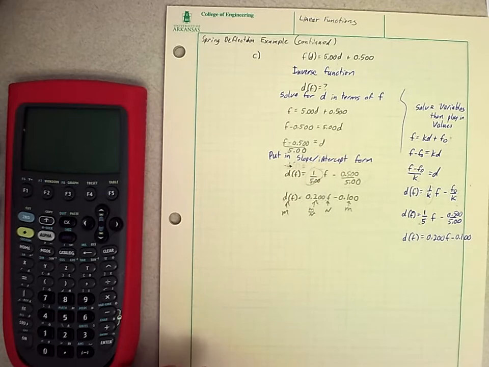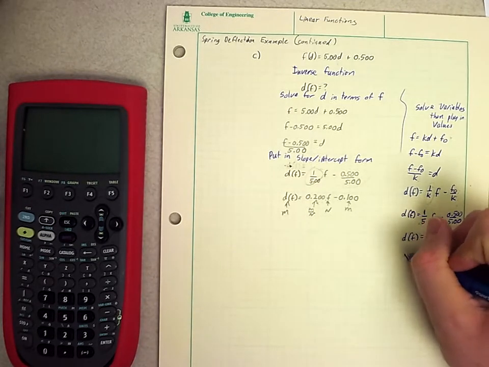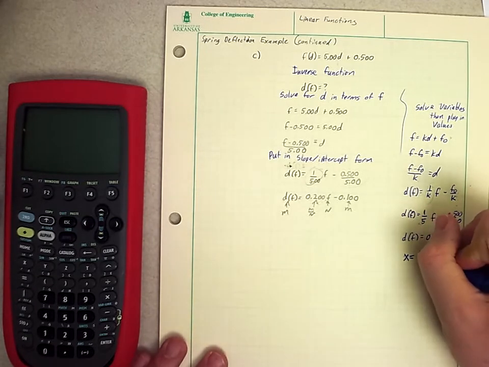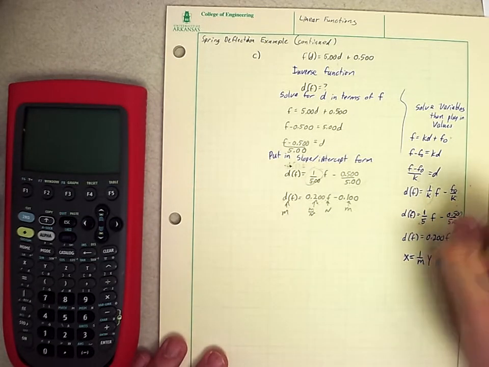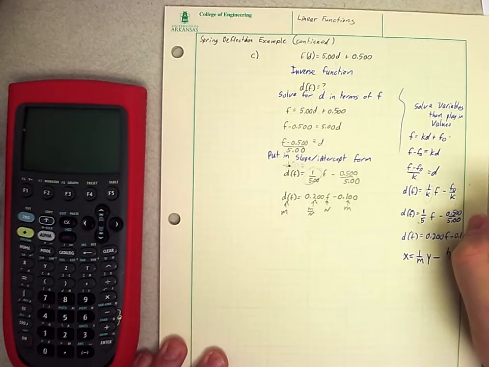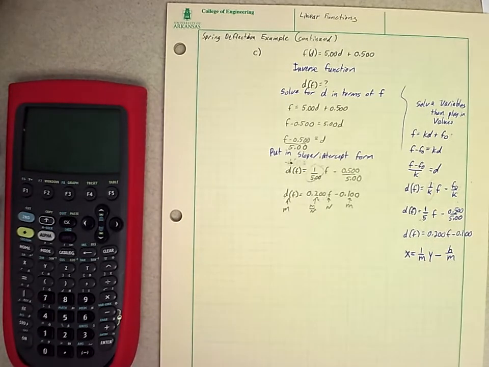Or another way of saying that is that x usually equals 1 over m times y minus b over m is a recurring theme for inverses. And you can work that out and see exactly that that works every time.